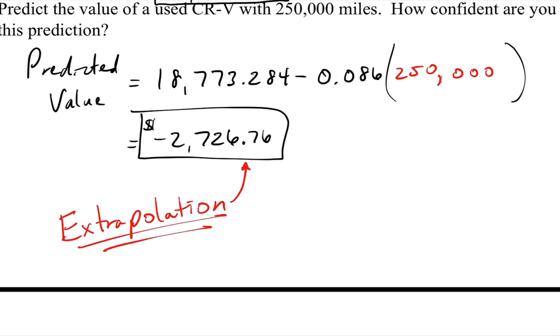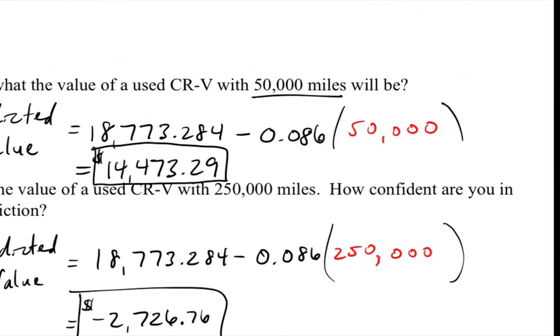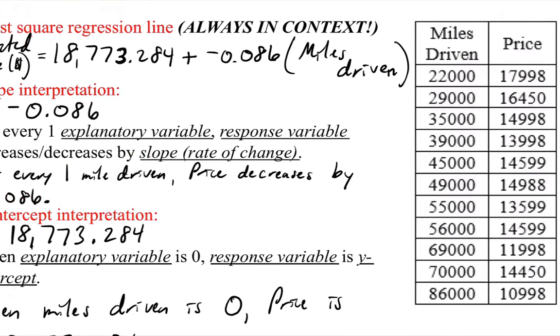Extrapolation means taking one thing and going off the cliff with it. What is the range of miles driven on our list? From 22,000 to 86,000. It stops at 86.